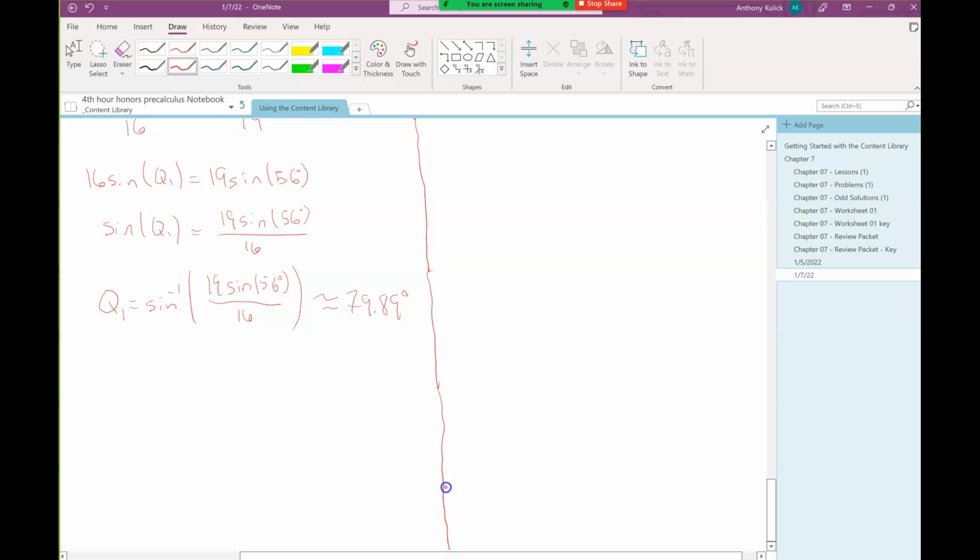Now that I have Q1, getting R1 is really easy, right? Because now I have two of the three angles in my triangle.